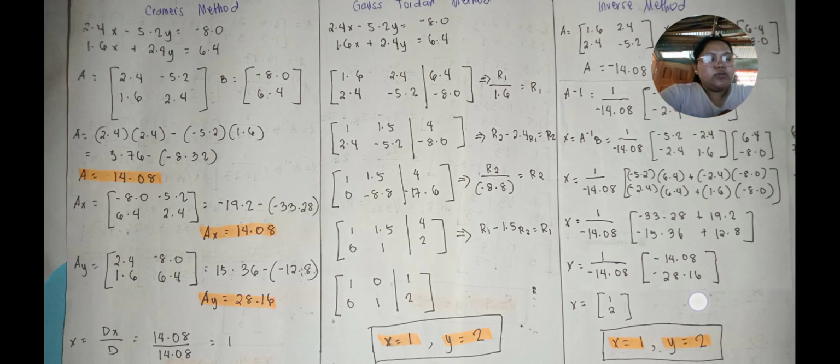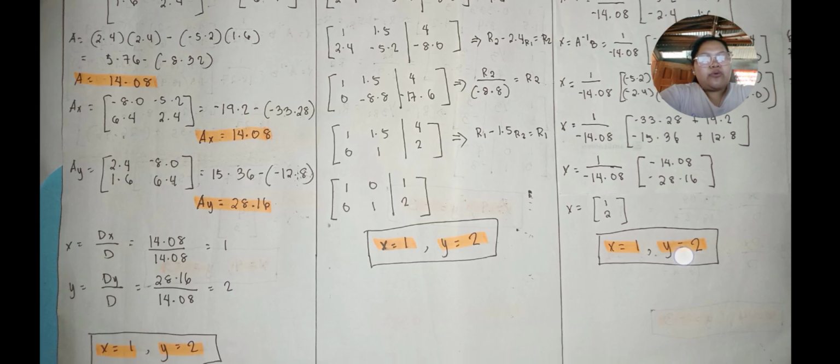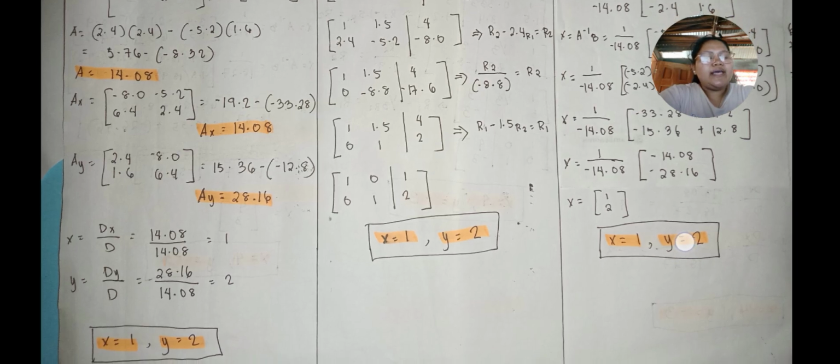We are going to divide determinant x and determinant y over D. So 14.08 for determinant x over the determinant 14.08 results to 1. Determinant y is equal to 28.16 over the determinant 14.08, so it results to 2. So our x is equal to 1, y is 2.